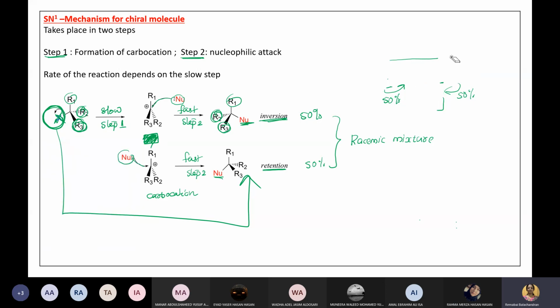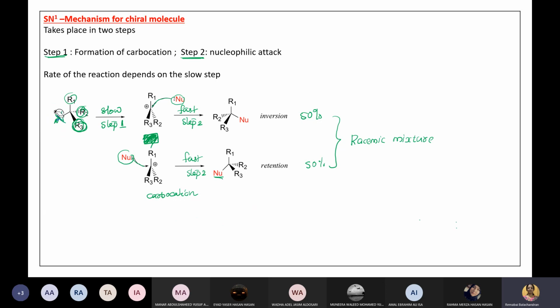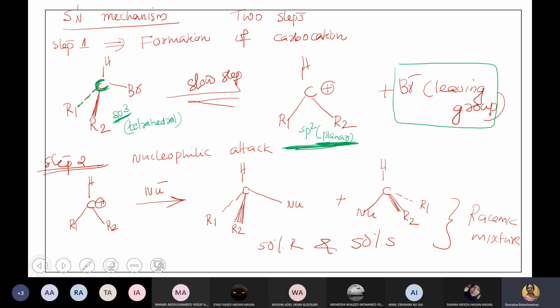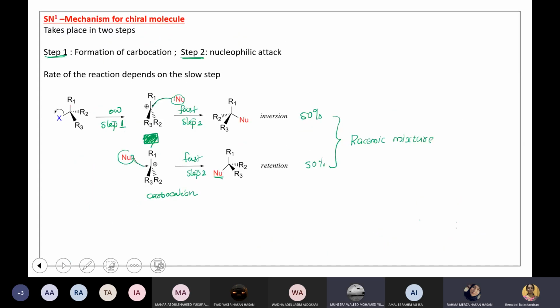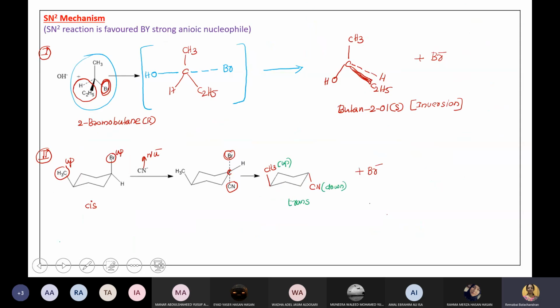So that means 50% of the product has the same configuration as that of the reactant. The other 50% has the opposite configuration. So what will happen at the end? You get this. Did you get it? Understood? Everyone understood? Any doubt? Anyone has any question?